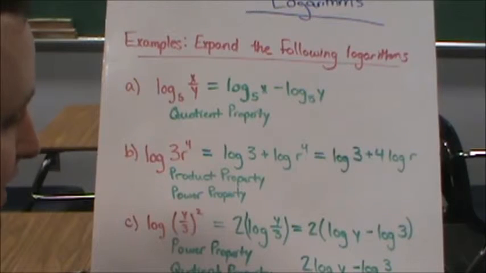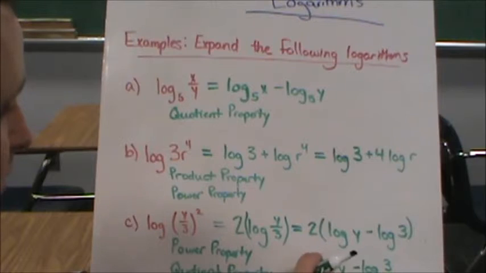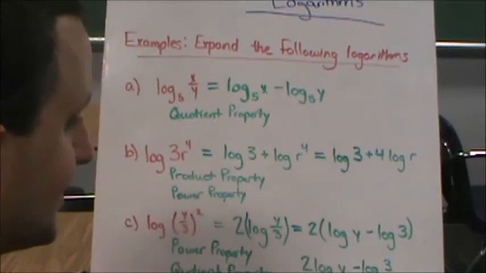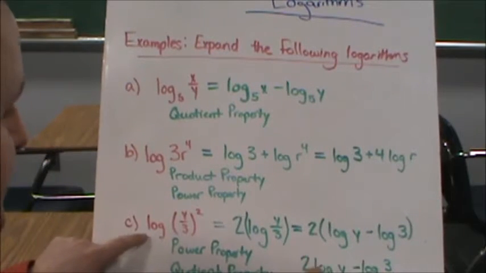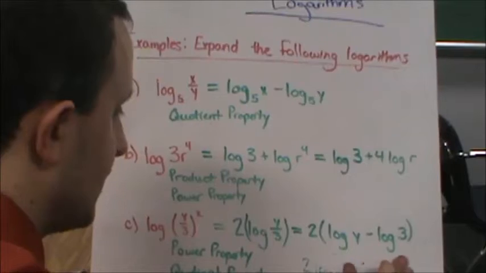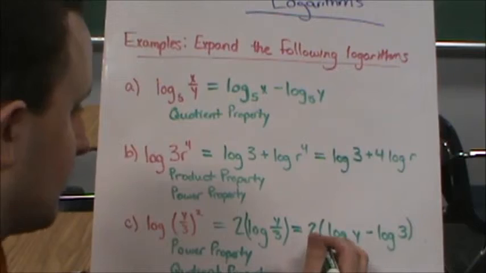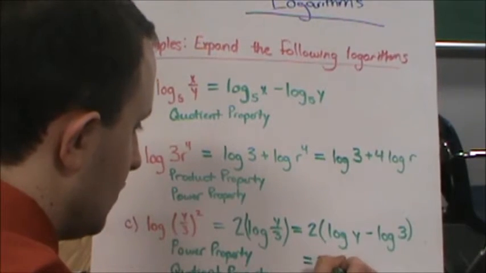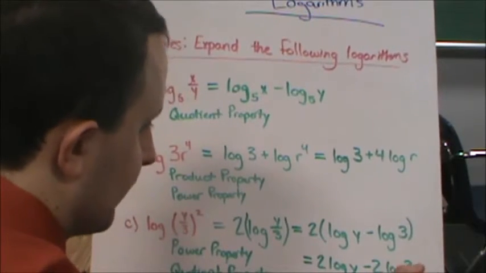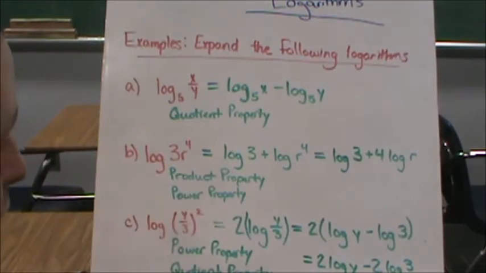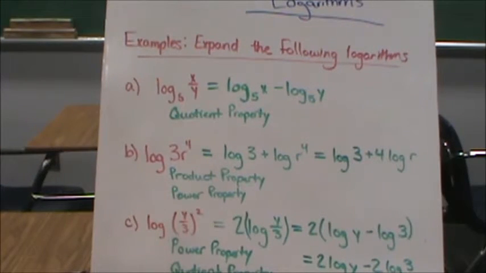This looks like 2 times log of y, minus log of 3. You really have to put the parentheses around it for it to actually mean the same thing. For these two to be equivalent, you have to use parentheses. These two are not equivalent. But if you had it at this step and you wanted to take it to 2 log y minus 2 log of 3, you can do that if you want, but just know that if you get to here, I will be all right with that.